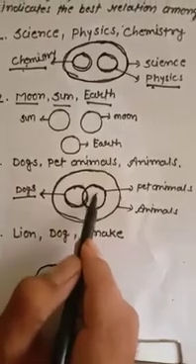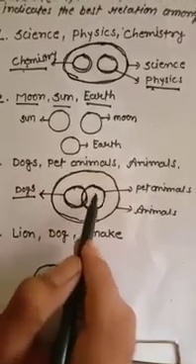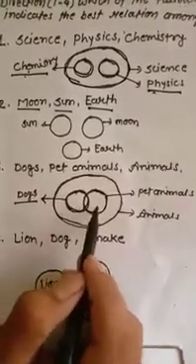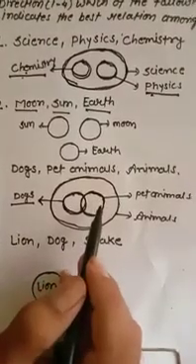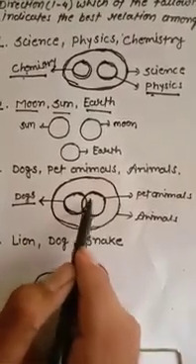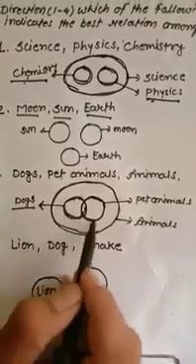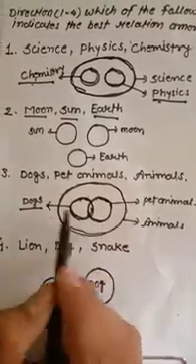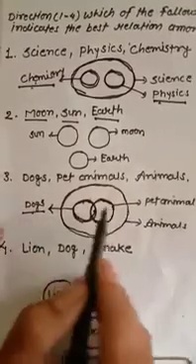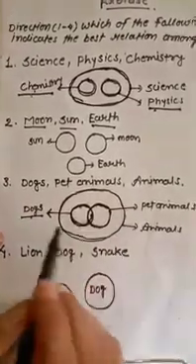So we have taken some part of the pet animals into dogs, because all the pet animals are not dogs, only a few pet animals are dogs. That's why these two circles are cutting each other. But both dogs and pet animals are animals.